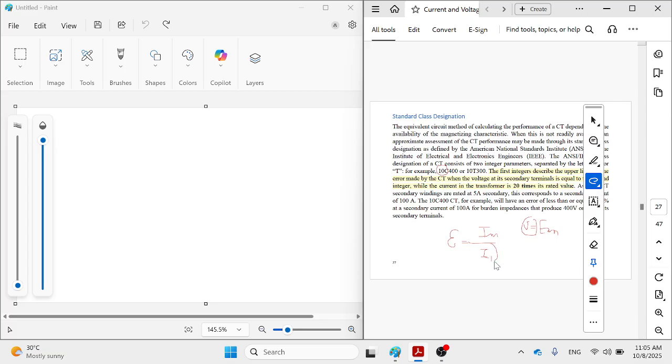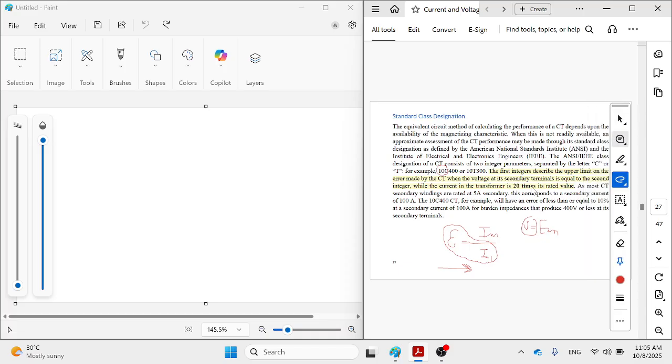More or less, when epsilon is given, we know it's related to I1. So if I1, the normal current or the fault current, is given, we can calculate everything. Again, please don't forget to consider this when we're talking about this type of definition for the standard of the CT.